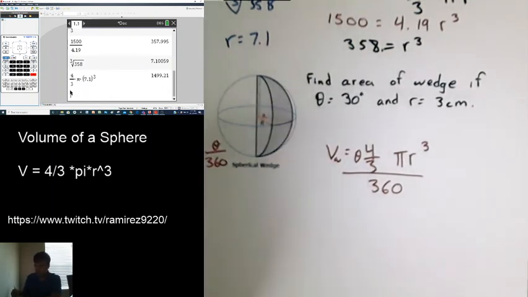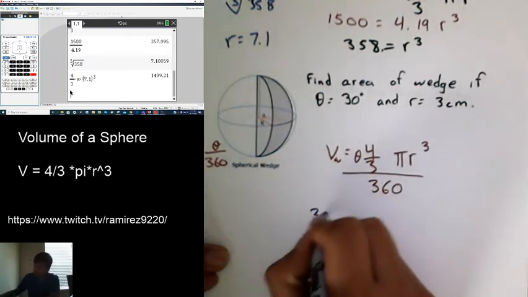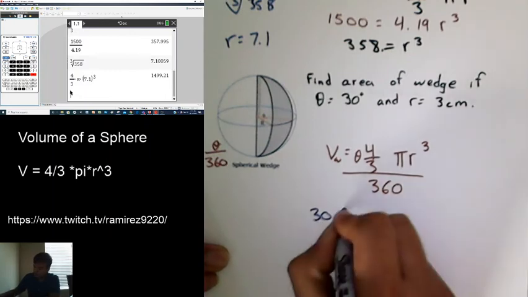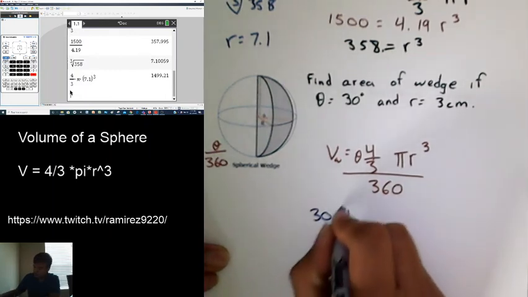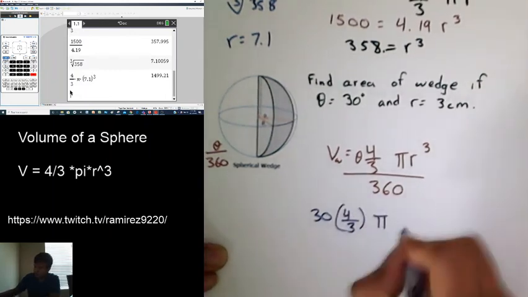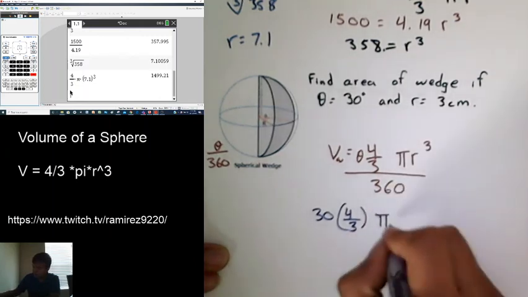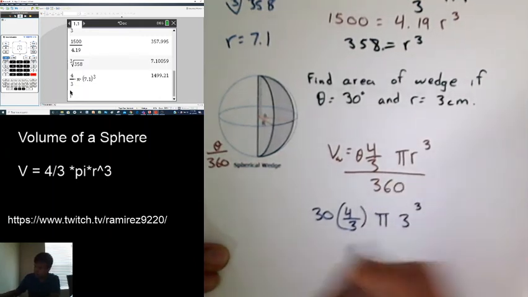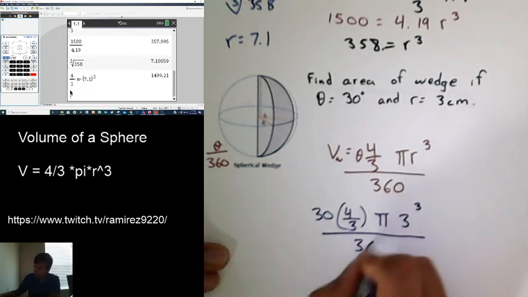All I have to do is substitute. So this would be 30 times 4 over 3 times pi times my radius, which they told me was 3, cubed, over 360.